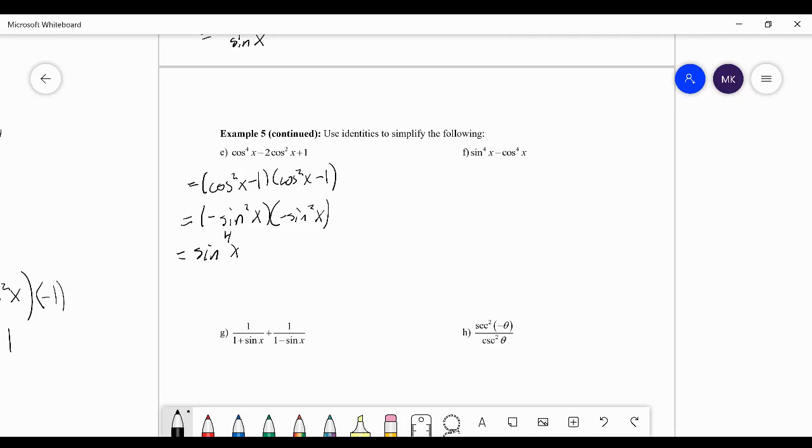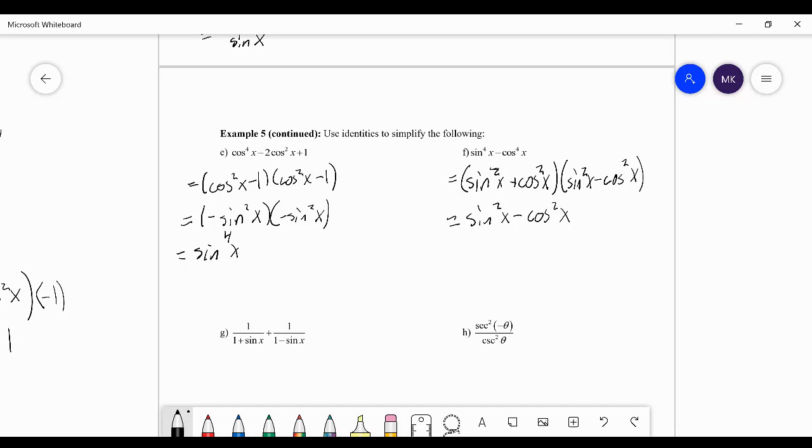So this simplifies to sine squared x plus cosine squared x times sine squared x minus cosine squared x. Well, sine squared x plus cosine squared x is 1. So this just leaves me with sine squared x minus cosine squared x.